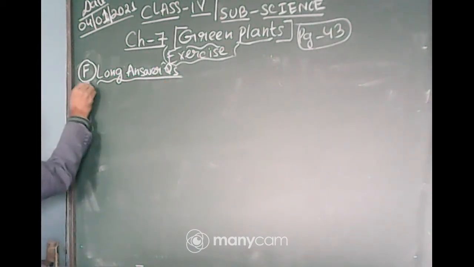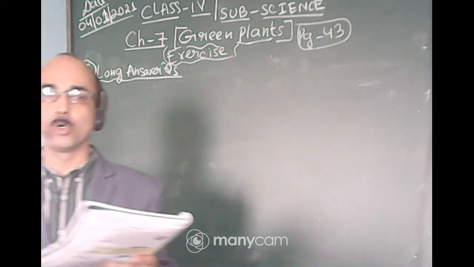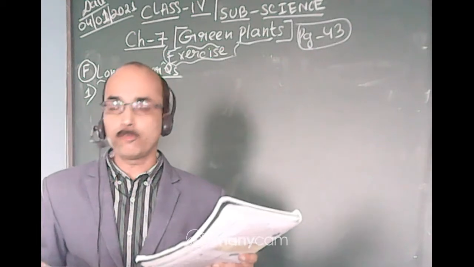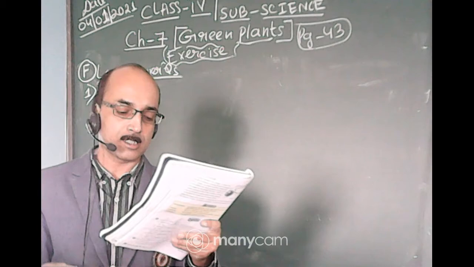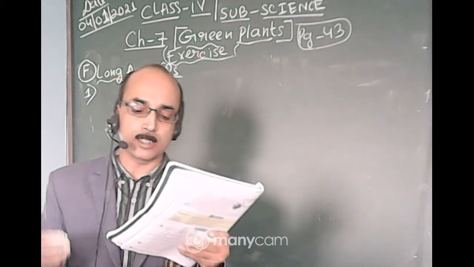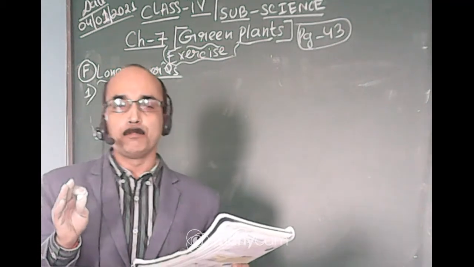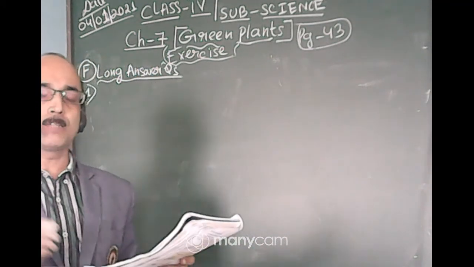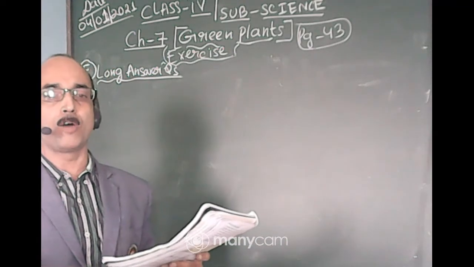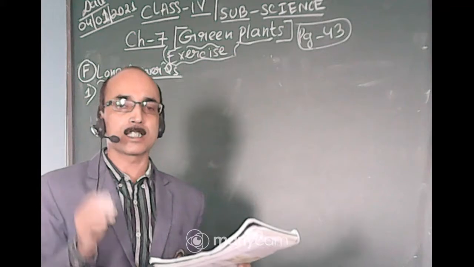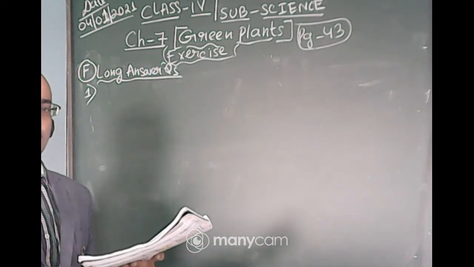So, question number 1. How will you show that chlorophyll is necessary for photosynthesis? Remember, it will be a big answer because you have to tell all the activities that you have to perform for this experiment.